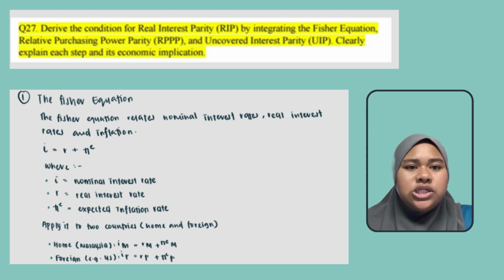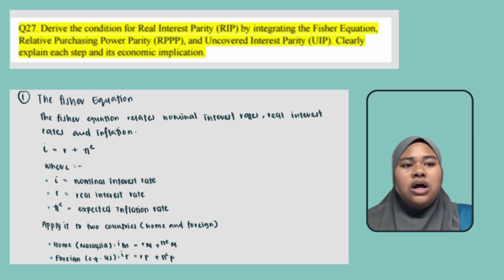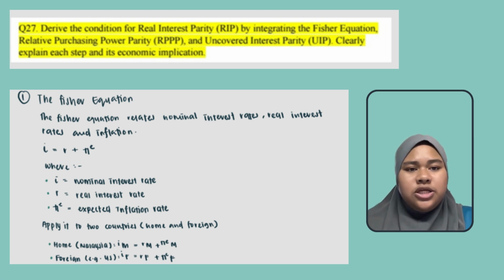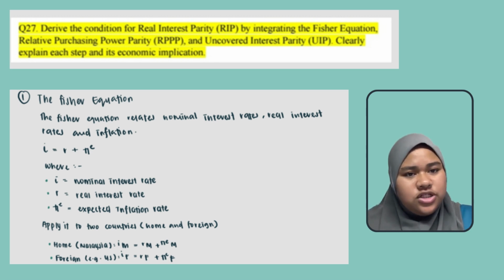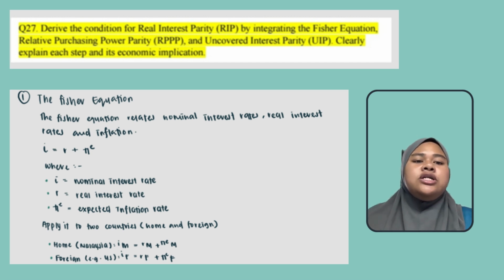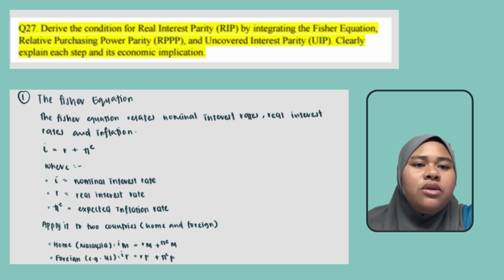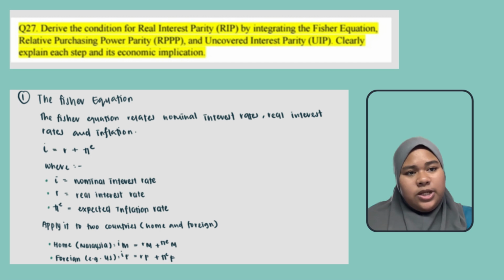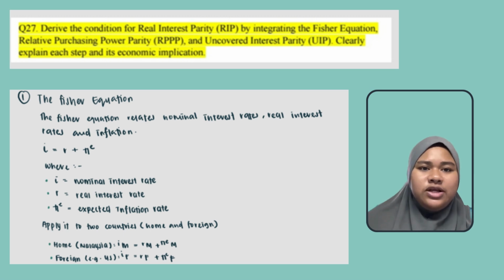The last question, which is question number 27, I will explain how to derive the real interest parity condition by integrating three key economic theories: the first one is the Fisher equation, the second one is relative purchasing power parity, and the last one is uncovered interest parity. The Fisher equation relates nominal interest rates to real interest rates and inflation.